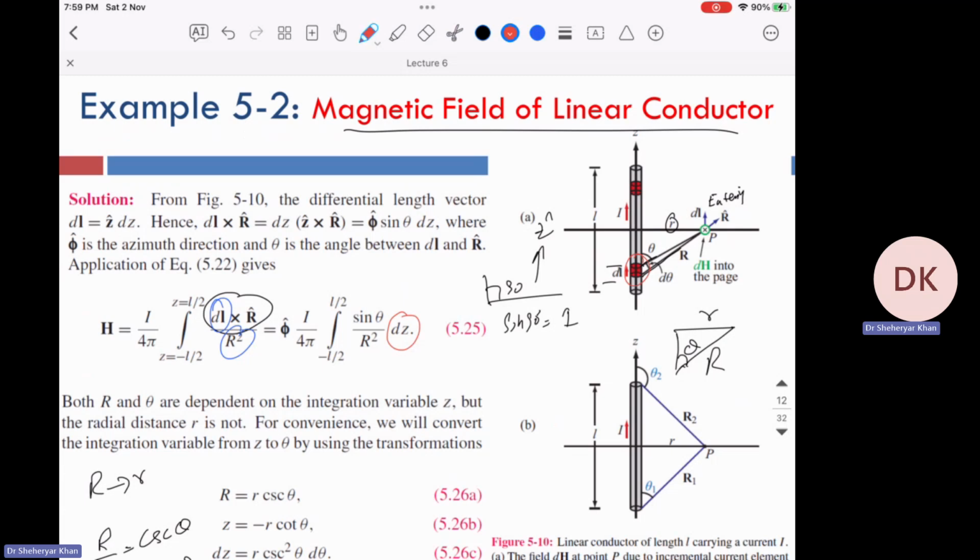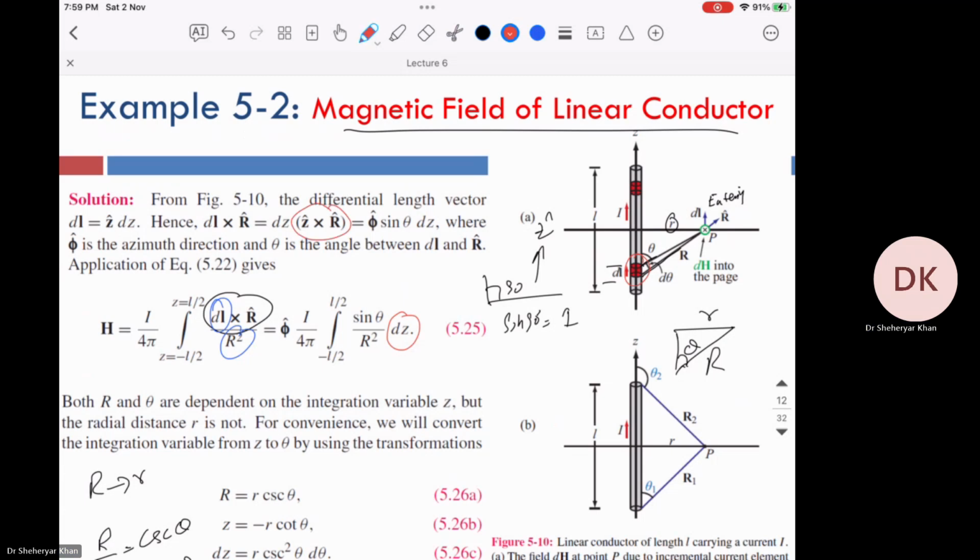Okay, so we apply the rule here. H is equal to 1 over 4 pi, dL cross r over R square. We found that the length is along the z axis and the r is along this axis. So dL z cross r is actually equal to phi.